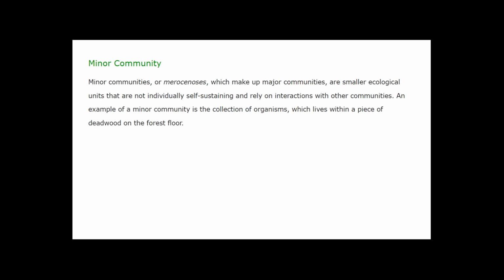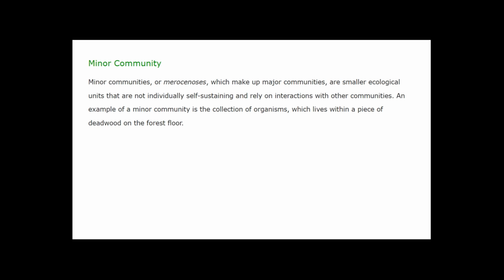Minor communities are merocenoses, which make up major communities. They are small ecological units that are not self-sustaining and rely on interactions with other communities. So an example of a minor community is a collection of organisms which live within a piece of dead wood on the forest floor.